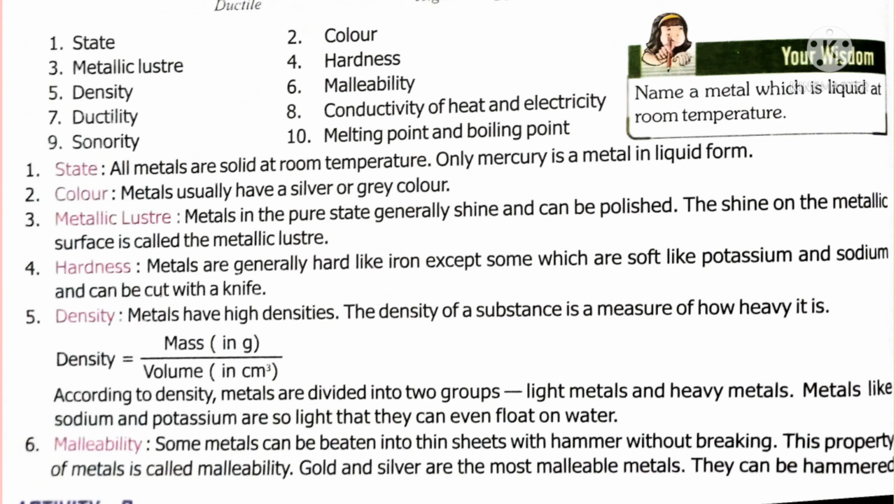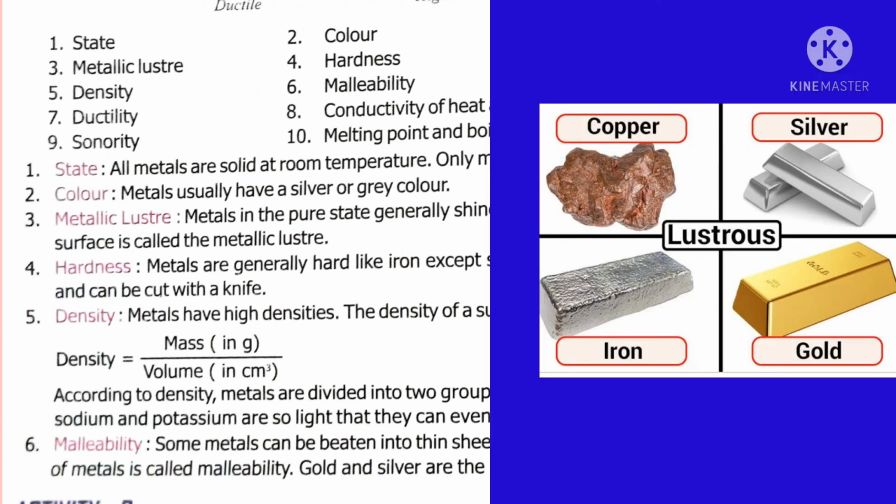The second property is color. Most of the metals are silver or grey in color. Metals have lustrous or shining properties. Generally, metals are harder than non-metals except sodium and potassium, which can be cut with a knife. Metals have high density.